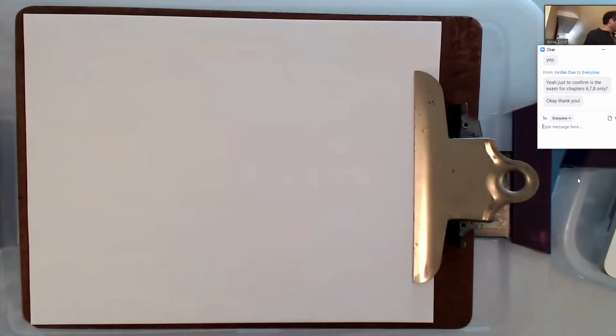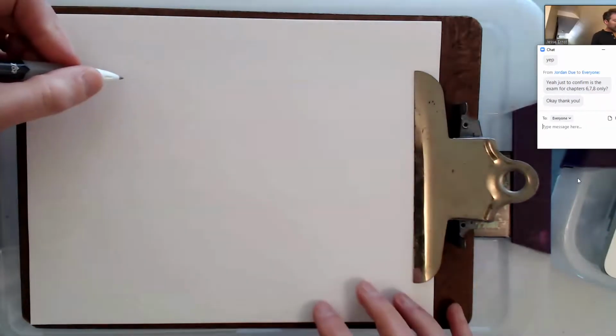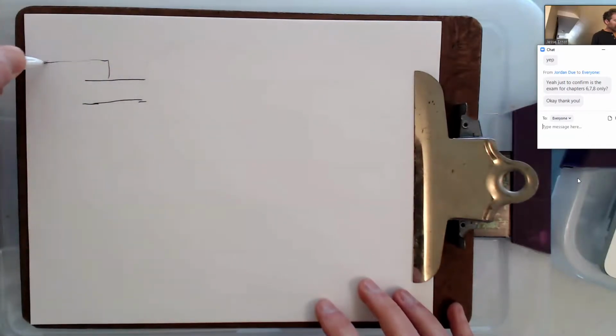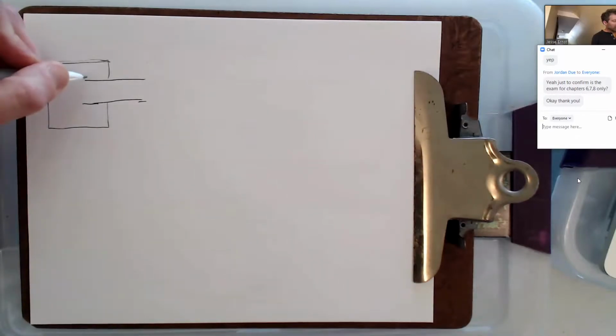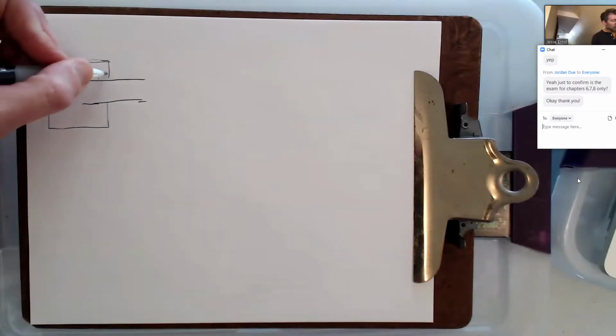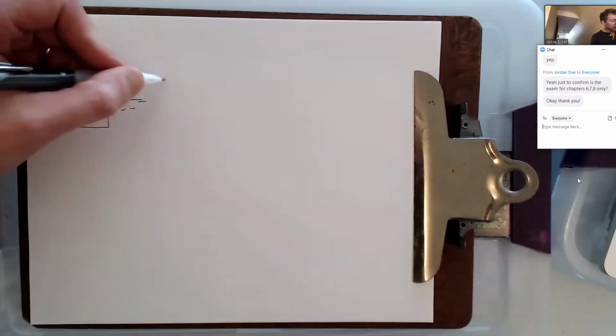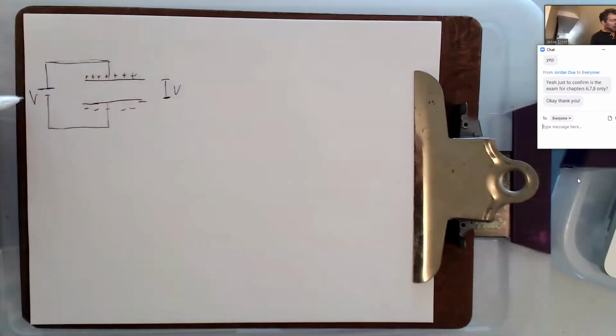So the last couple things to talk about with capacitors: if I have a capacitor wired to some battery, and this has voltage V, we know that this thing will gain charge, plus charge here and minus charge here, until the voltage across it matches the voltage source, right?